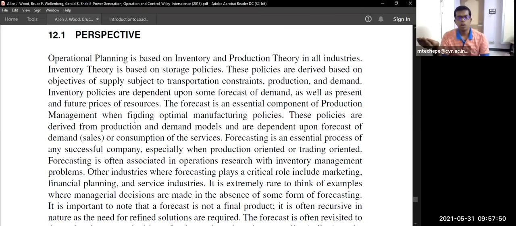Based on the 1 lakh products, they are able to plan production in that particular company, like 10,000 or 20,000 pieces manufactured in one day itself.